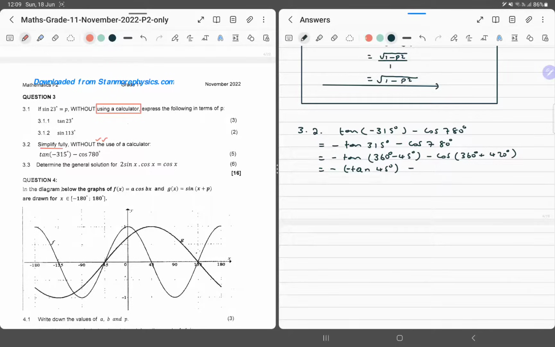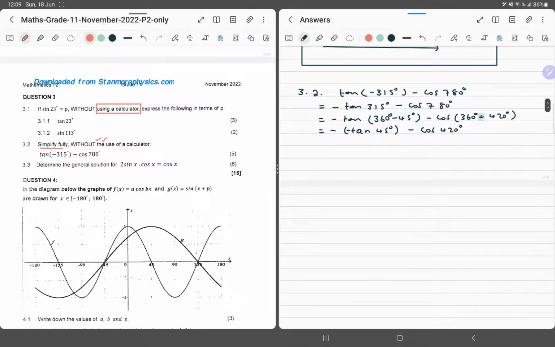Remember when you're saying 360 plus, this plus just says in principle we're in the first quadrant. It doesn't matter how big that angle is. So this is going to be the same as cos of 420 degrees. We're reducing. And then we sort things out. This is going to be tan 45 degrees minus cos, and then we need to reduce this further.